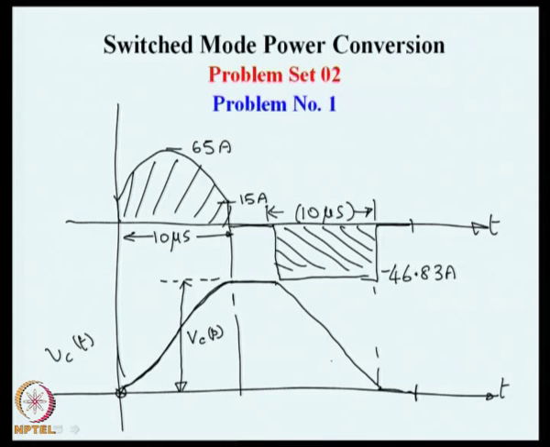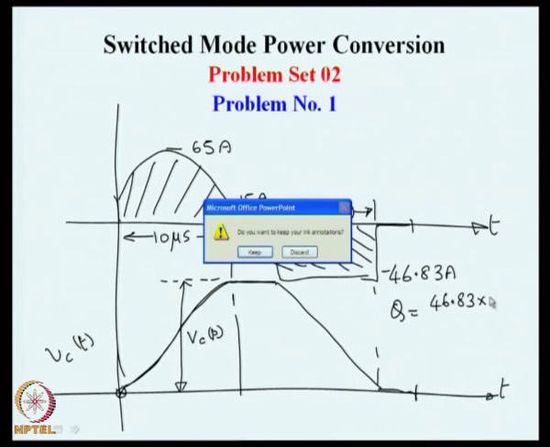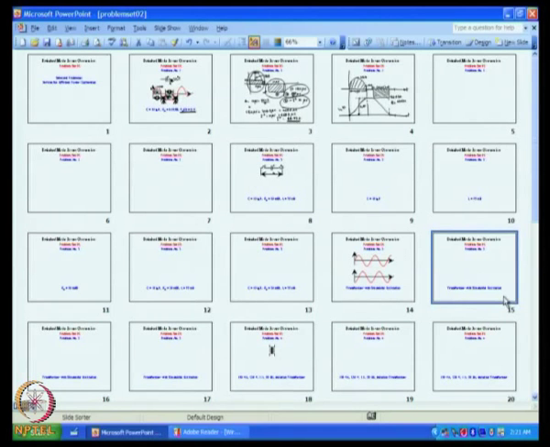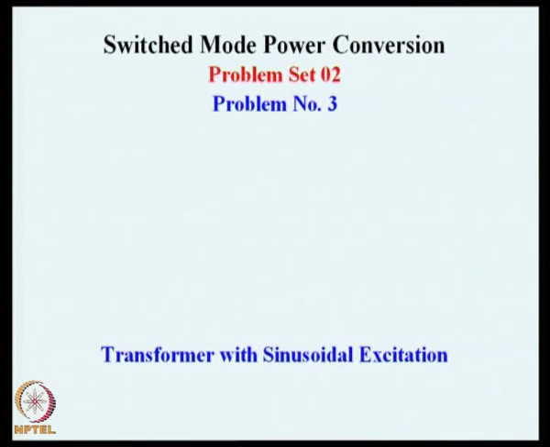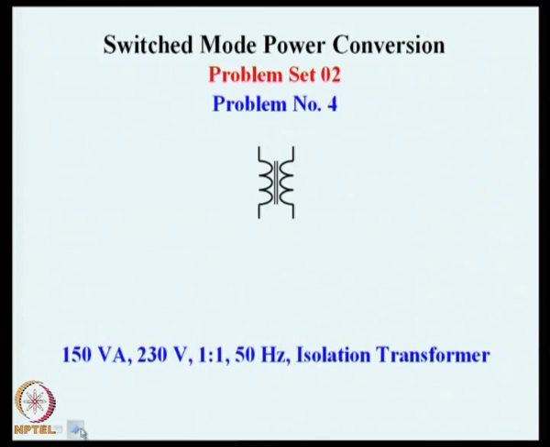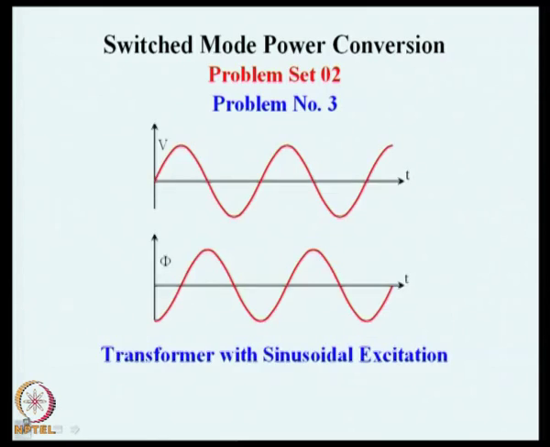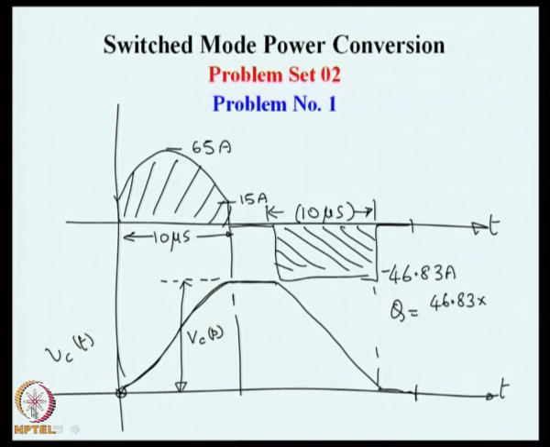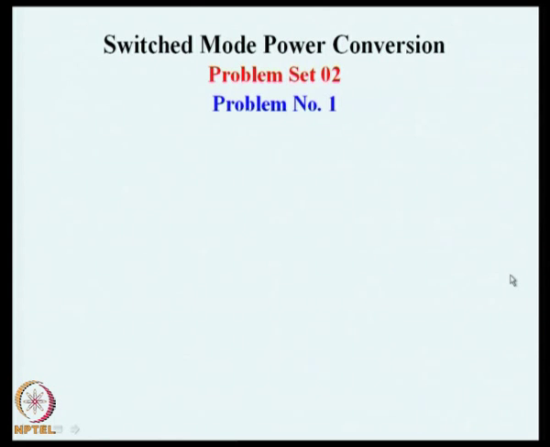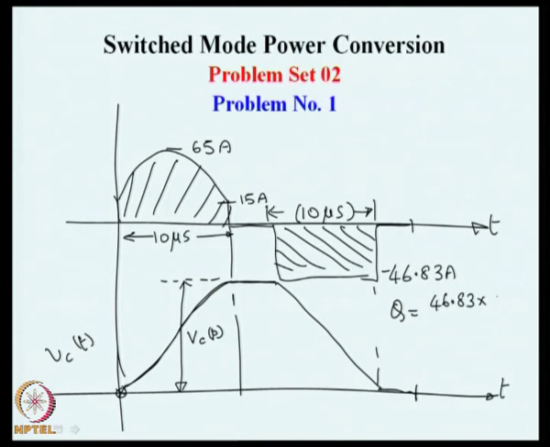This one is simple, and we might say that the total quantity of charge that is transferred is 46.83 into 10 microcoulomb divided by the value of C, which is 10 microfarad.